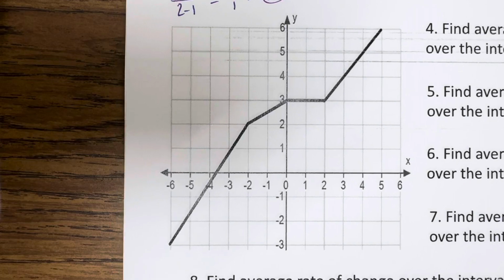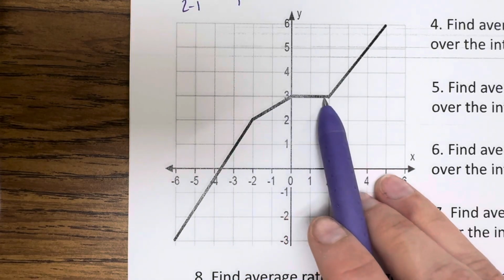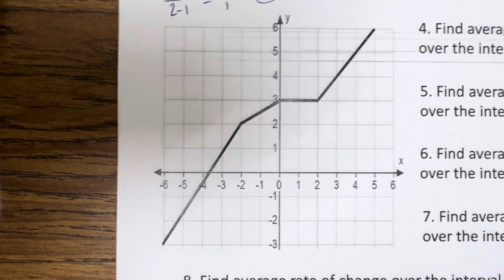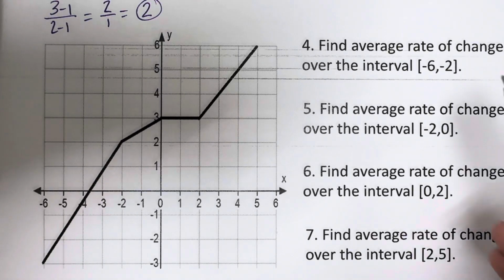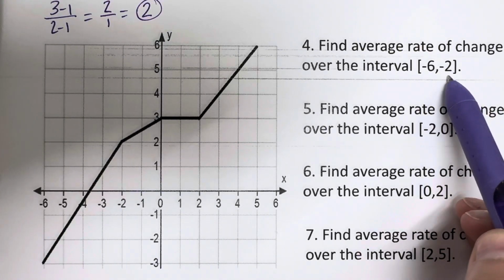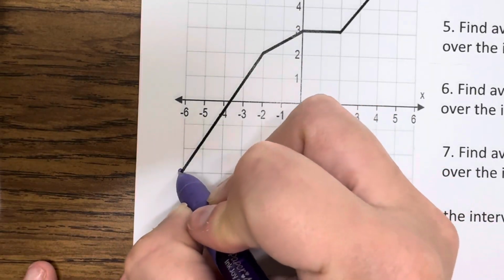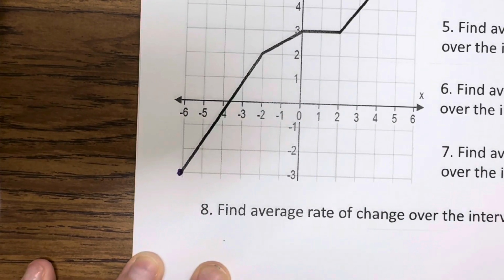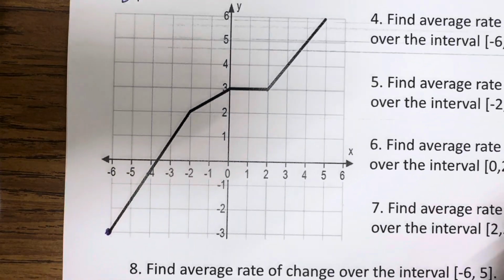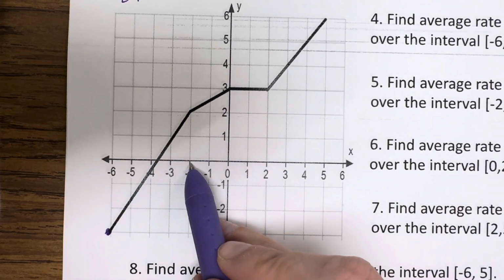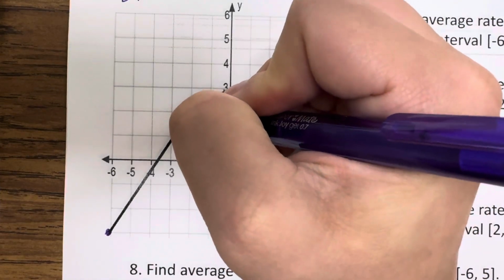Okay, and then looking at this one, so we see it's doing different things at different places. So to find the average rate of change over the interval -6, -2, well, when x is -6, my y is -3. And when x is -2, my y is +2.